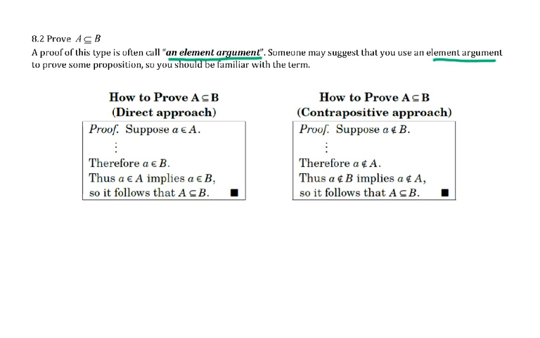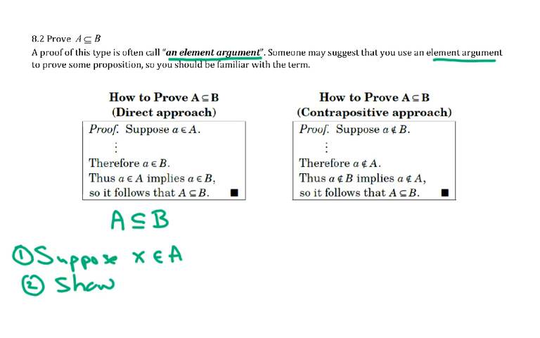So what you do to prove that A is a subset of B, you start by supposing x is an element of A, and then you show x is an element of B. And x is arbitrary.